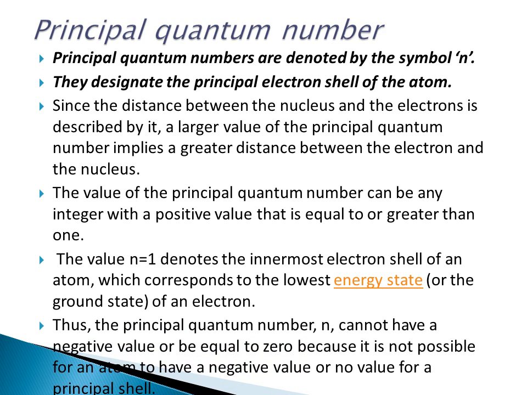Thus, the principal quantum number n cannot have negative values or be equal to 0, because it is not possible for an atom to have a negative value or no value for a principal quantum number or principal shell.